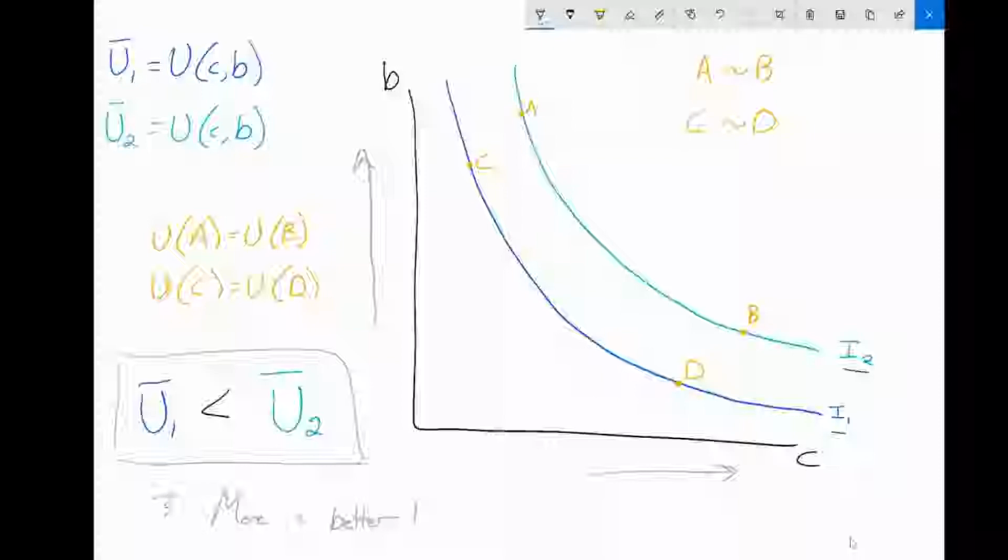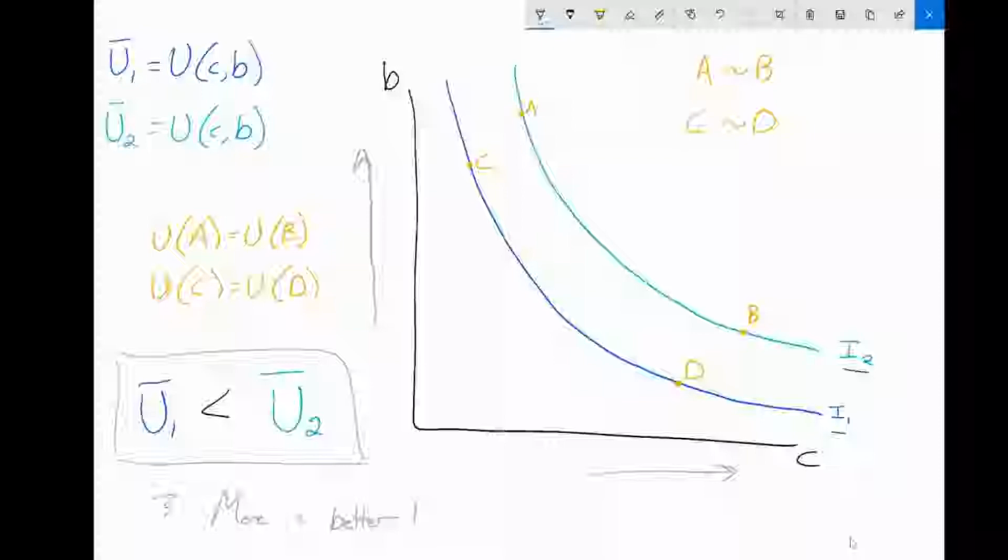That means that any bundle on I2 is going to give you more consumption than any bundle on I1. Therefore, we know that you derive more utility if you are on indifference curve 2 than you do if you're on indifference curve 1.